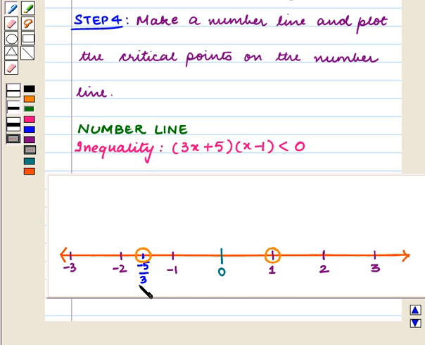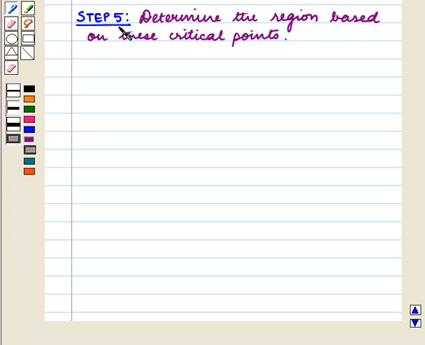Since minus 5 by 3 and 1 both do not satisfy the quadratic inequality because of the strictly less than symbol, we will draw hollow circles on these points, which indicates that these points are not included in the solution set.